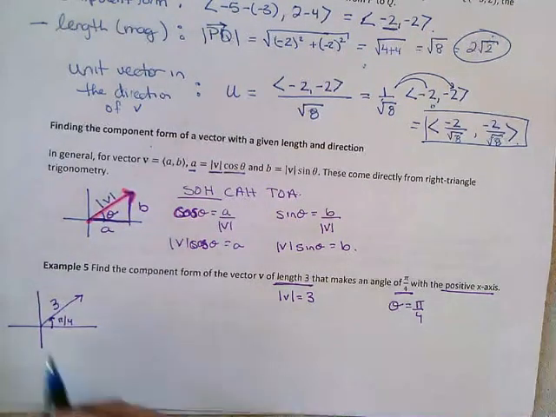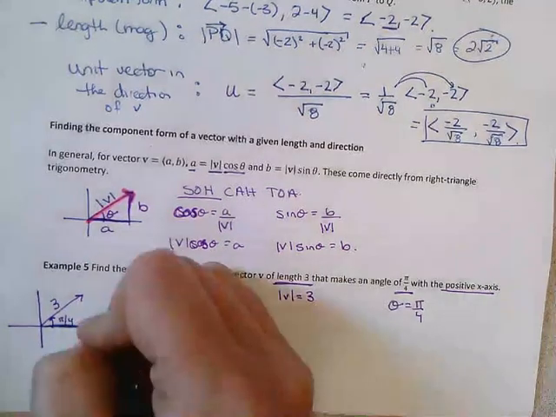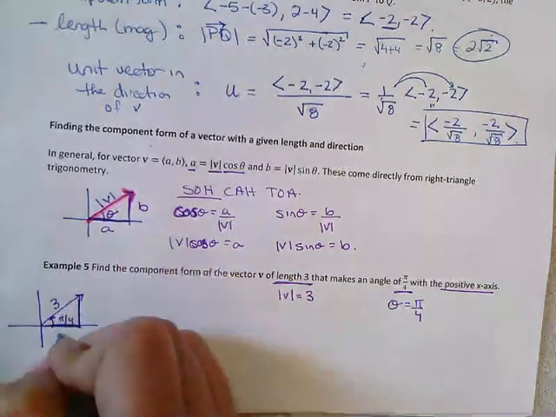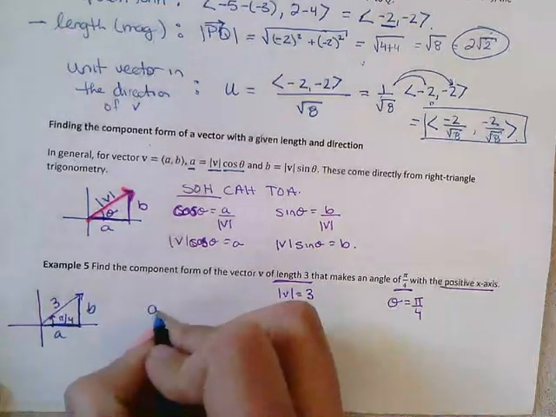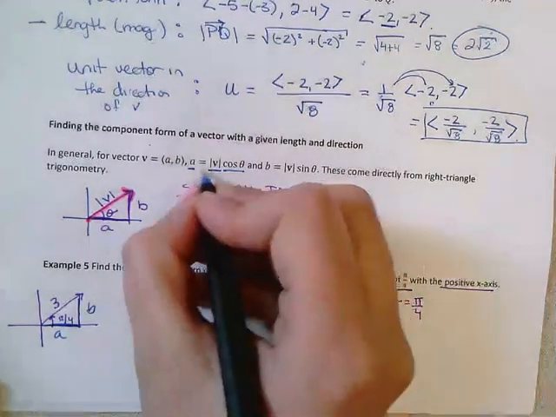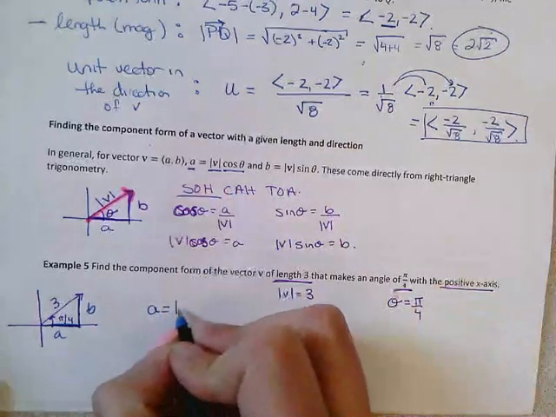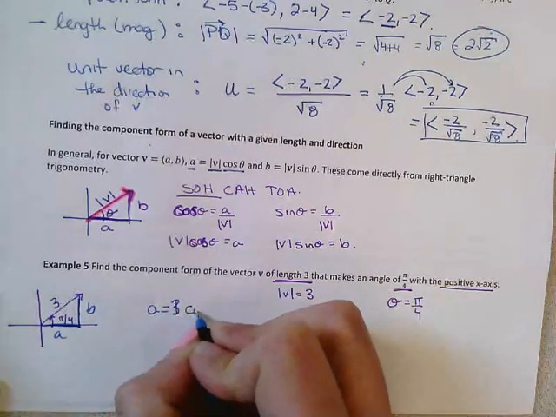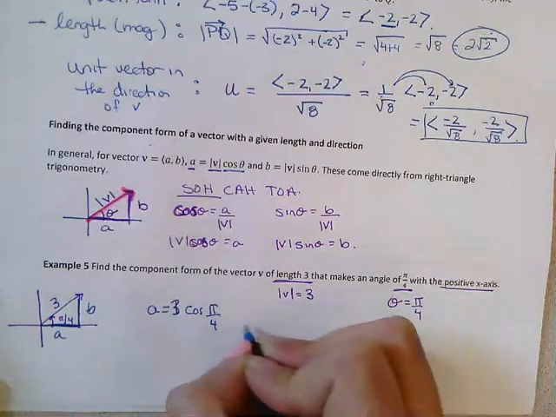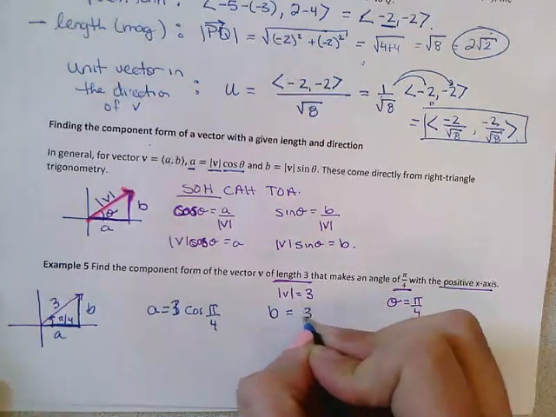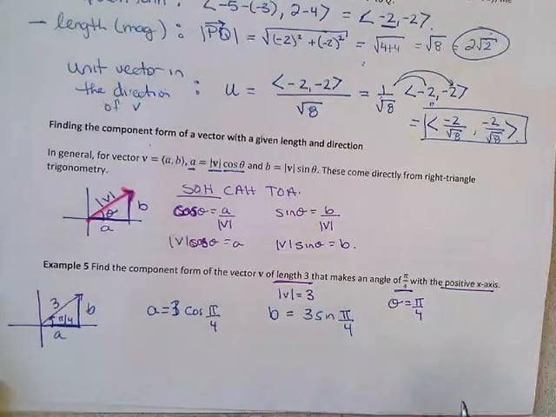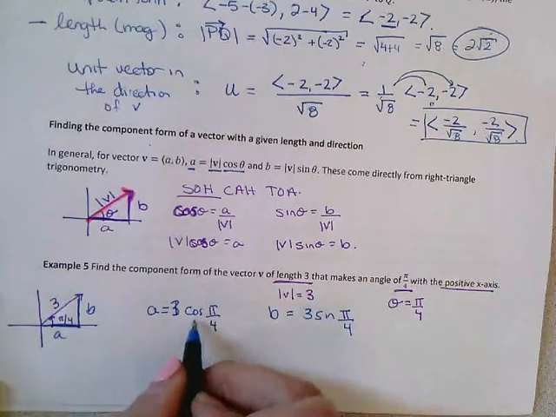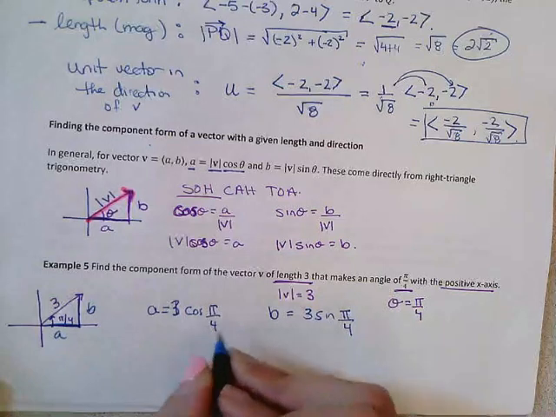So the question is now, what is my horizontal component and what is my vertical component? What is A and what is B? So to find A, we're going to use this formula. And the magnitude here is 3 cosine of pi over 4. And then to find B, it's 3 sine of pi over 4. So cosine of pi over 4 is square root of 2 over 2.